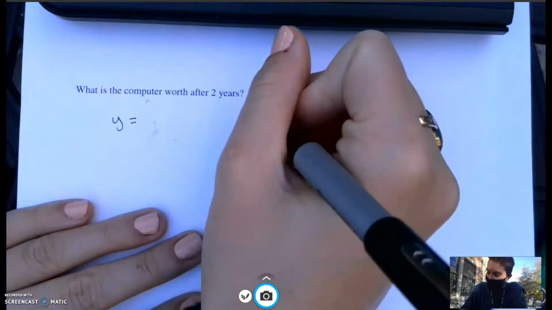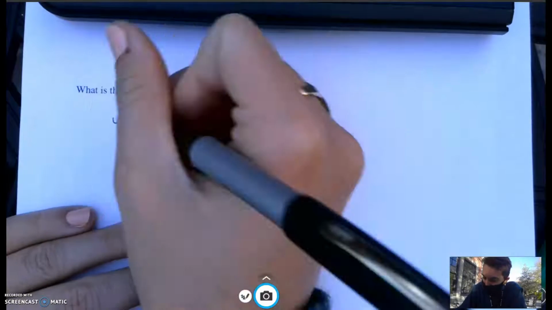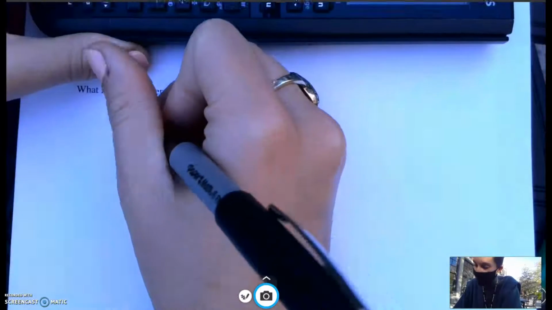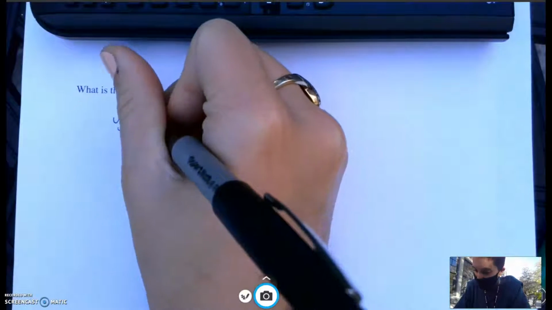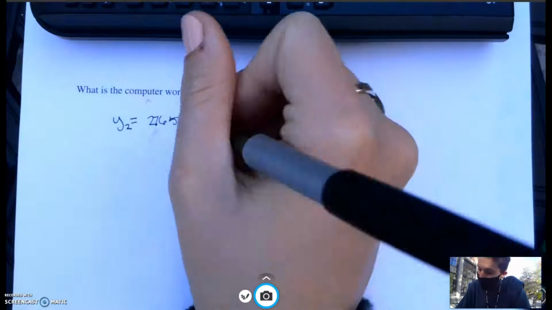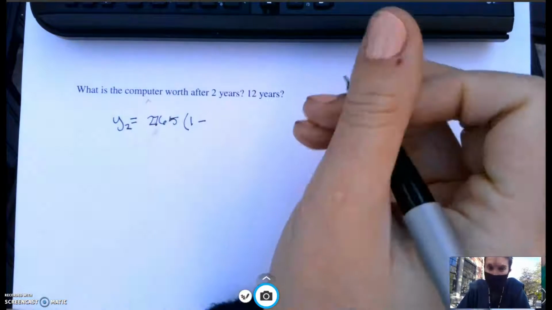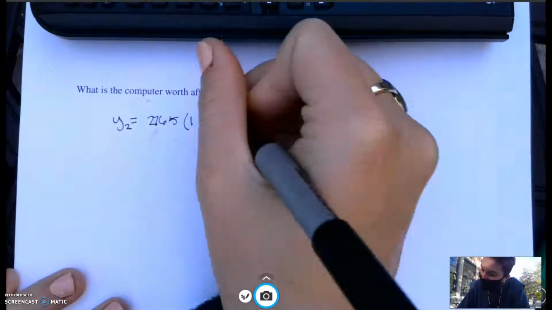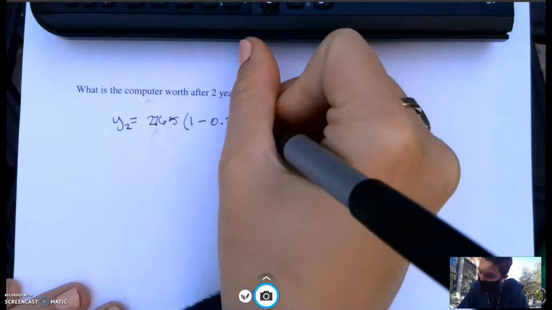So our end at 2 years, so I'm going to say y sub 2, is going to equal where we start, which again was 2765, times 1 minus, because we're depreciating, 0.3, because our rate was 30%, raised to whatever year, in this case 2.